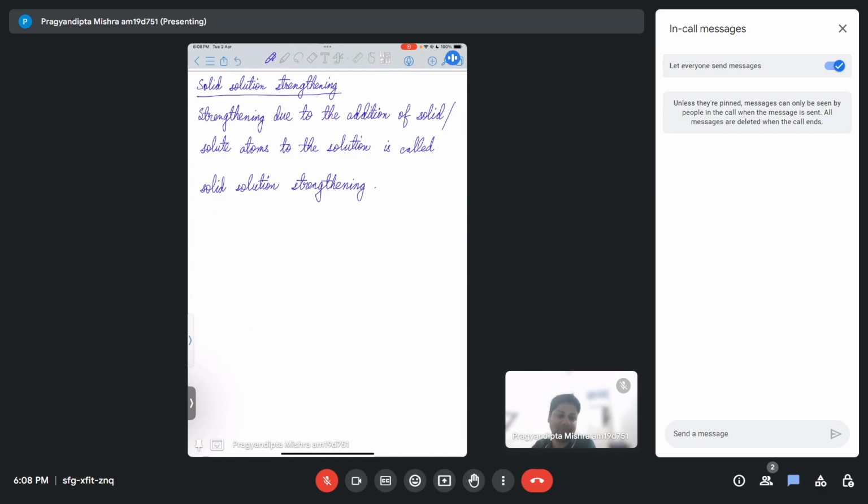There is something very important known as the solubility limit that I discussed in the last class as well. If you are adding well within the solubility limit, you will get solid solution strengthening because the solute atoms will not cross the threshold beyond which they are not able to dissolve anymore. The solute atoms will keep dissolving in the solution, in the process forming an alloy kind of system. This alloy system is your solid solution, and that causes strengthening. The solute atoms will be present throughout the system, and they will cause strengthening at every place equally.